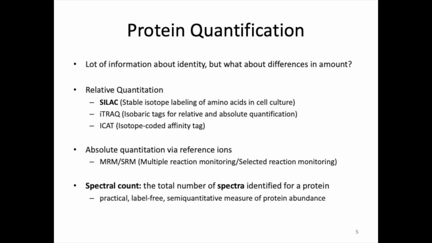From some targeted mass spectrometry methods, such as MRM, you can get absolute quantification. There are also semi-quantitative, label-free methods where you can get spectral counts. The spectral count is defined as the total number of spectra identified for a protein. It is not absolute quantification, but very practical and well accepted.